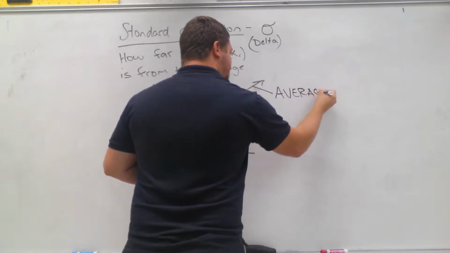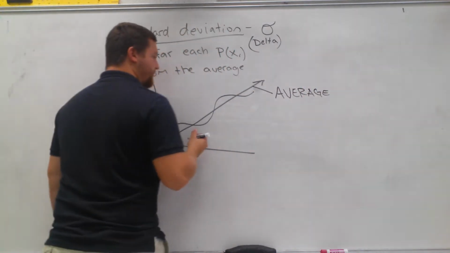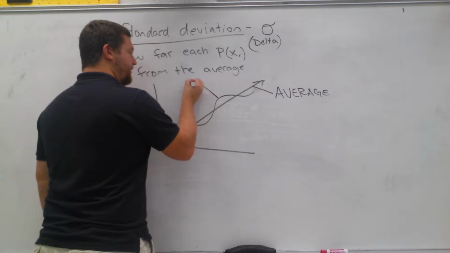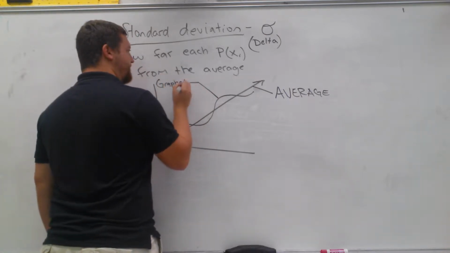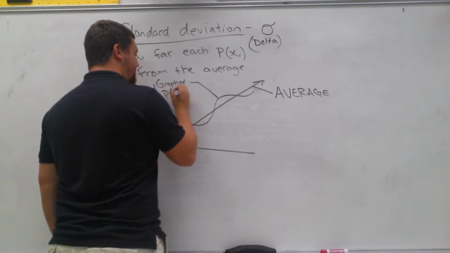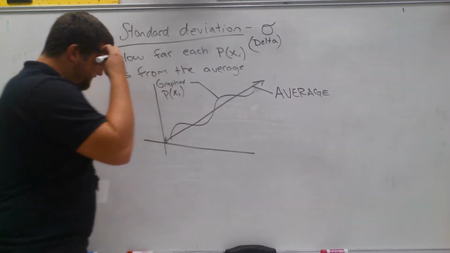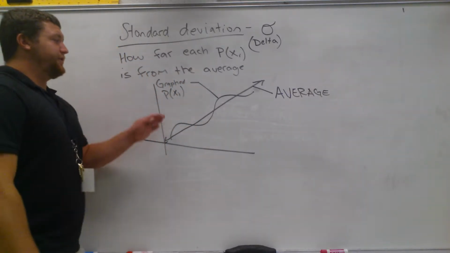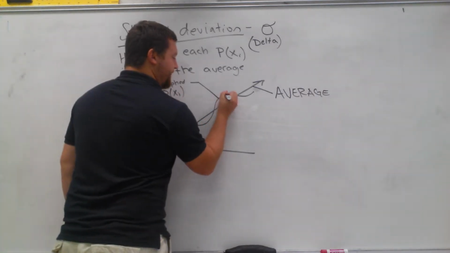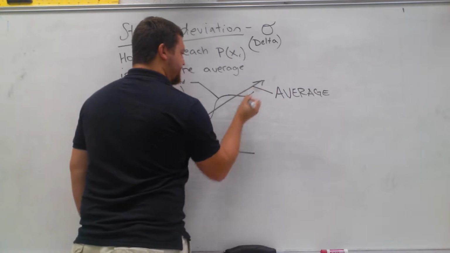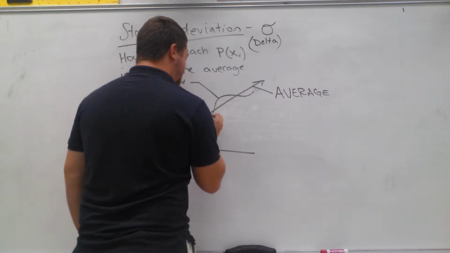Now, this line represents the average, okay, and my curvy line is where I have my graphed probabilities, P sub x of x. So that's where I've graphed all my little probabilities. Remember we talked about 1/8 and 3/8 and all that stuff. So I've graphed all those and I've connected them and made a line.